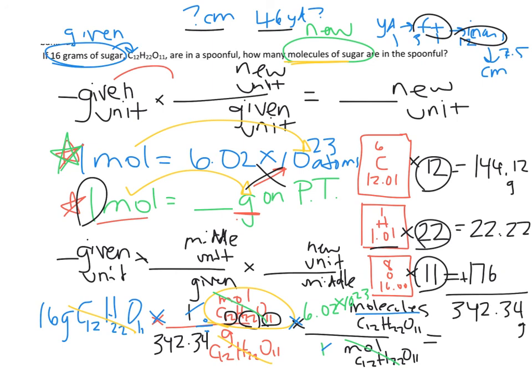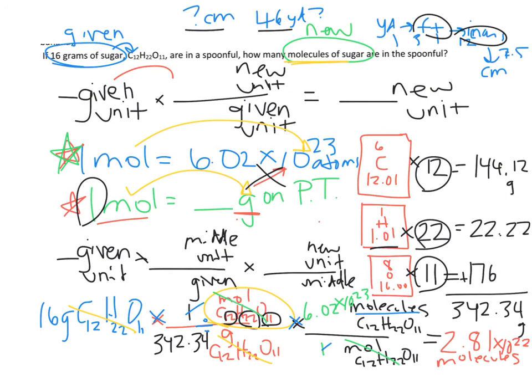So we want to make sure that we have a boatload of them in order to be able to see them. So in fact, we do get a very large number of them, 2.81 times 10 to the 22 molecules. Okay, so our final answer, 2.81 times 10 to the 22 molecules.